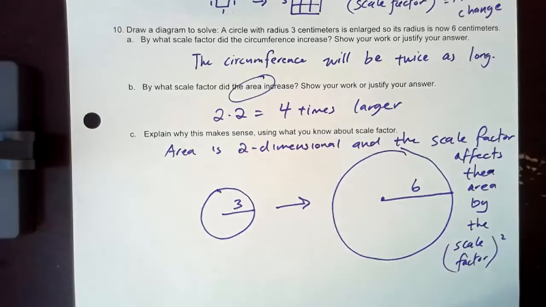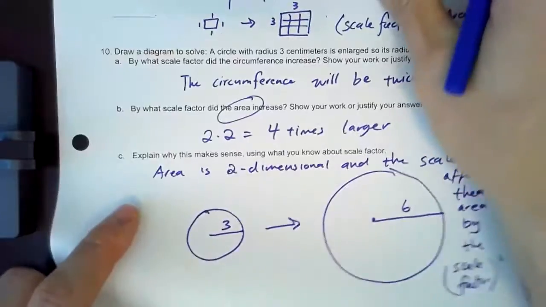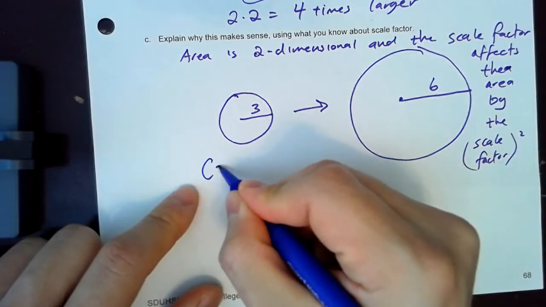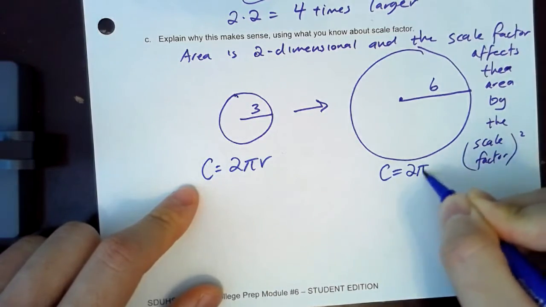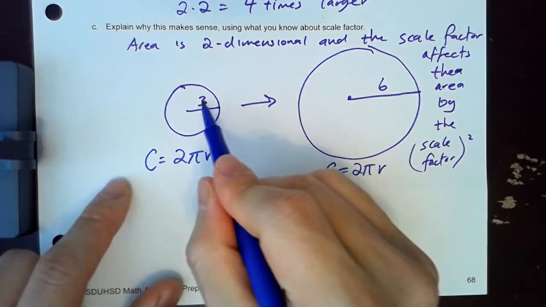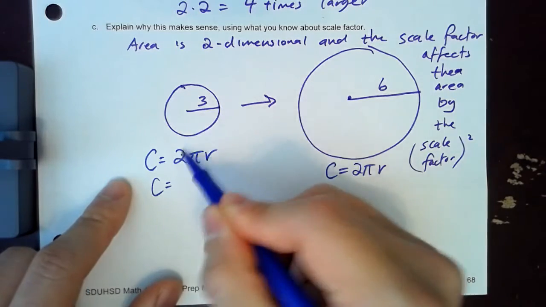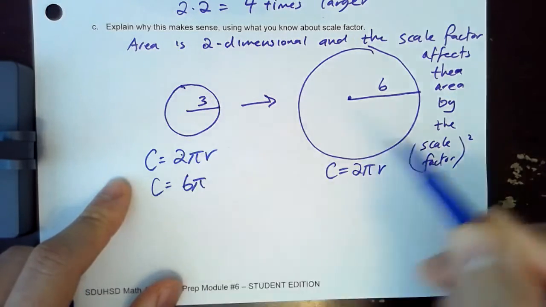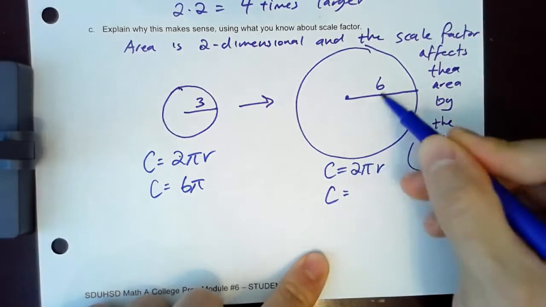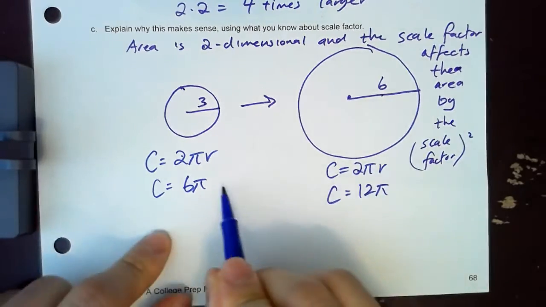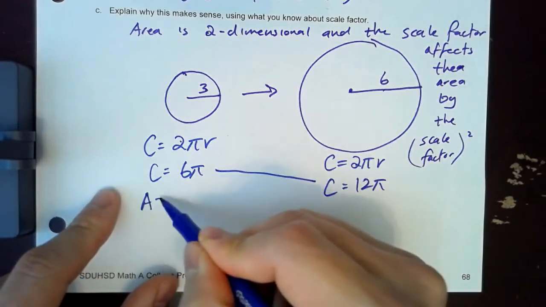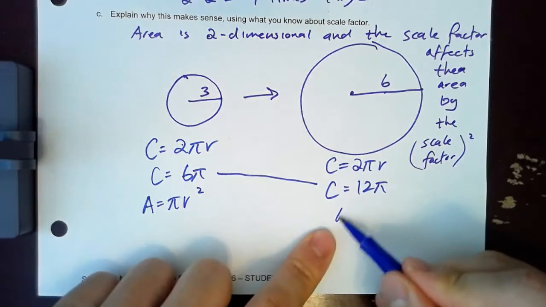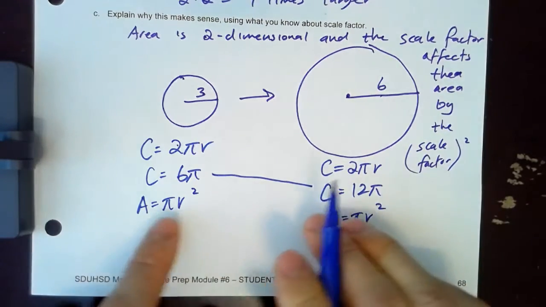Okay. So let's just double check and make sure that this is right. We know that a circumference by definition is 2 pi r. So if we were to calculate it, this circumference would be 2 times 3, which is 6 pi, whereas this circumference would be 2 times 6, which is 12 pi. So we know that these circumferences are 2 times as large. But in terms of area, area is different because area has the radius squared.